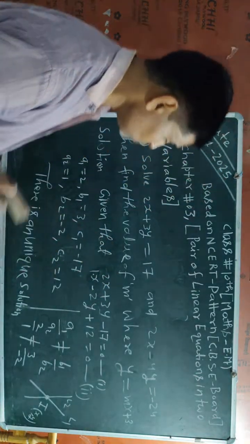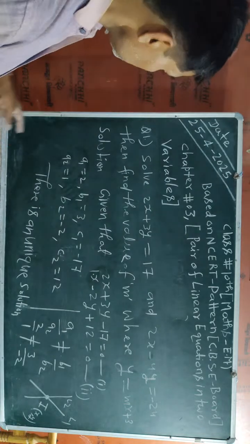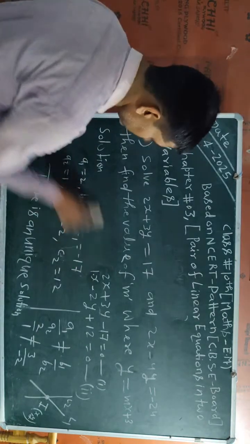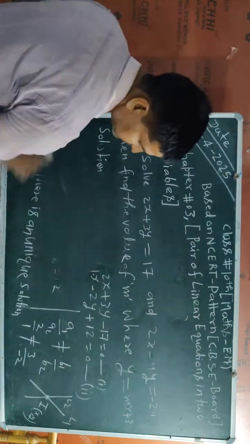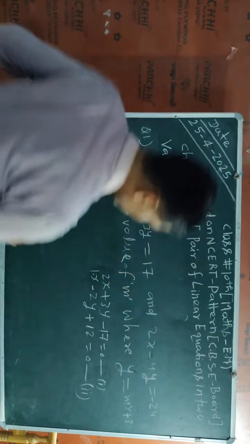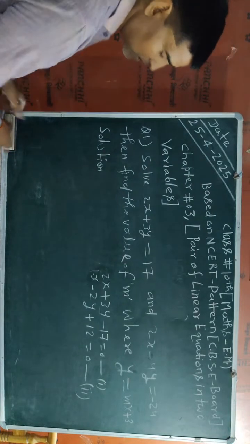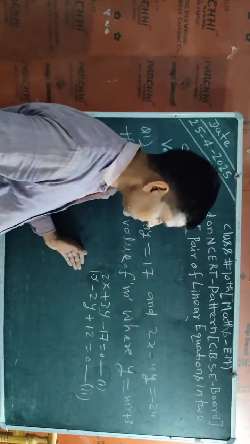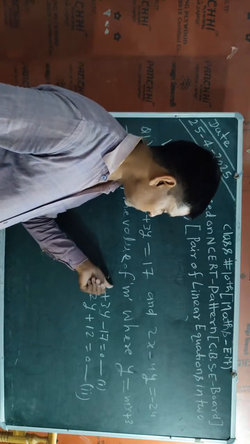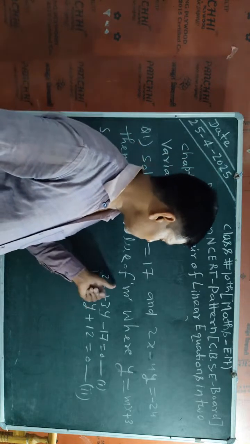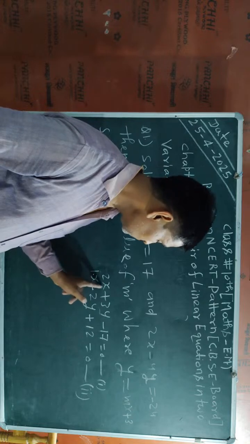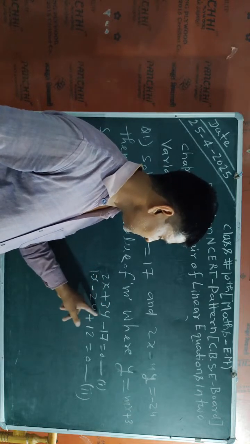Further, I am going to solve this. Okay, student. I am going to use the elimination method, and I will explain it. Now these two equations have a unique solution. In the elimination method, we make the coefficient of x in both equations equal, or the coefficient of y equal.